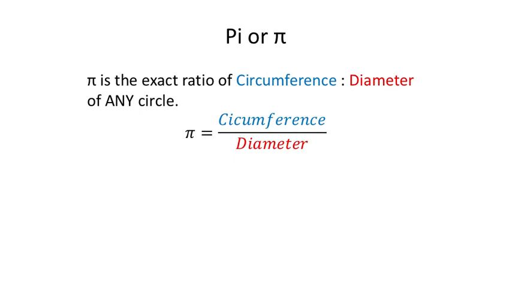Now to pi. Pi is the Greek letter P, which looks like this. Pi is an exact ratio: if you take any circle and find the circumference, which is kind of nerdy, and divide it by its corresponding diameter, you would get a ratio of pi. So pi is also 3.14.